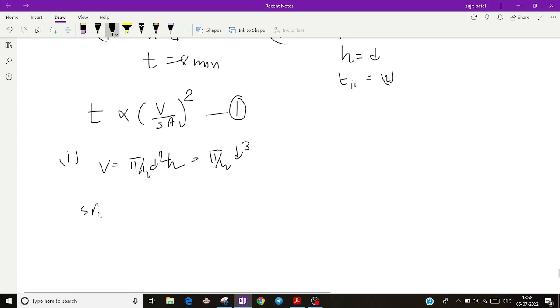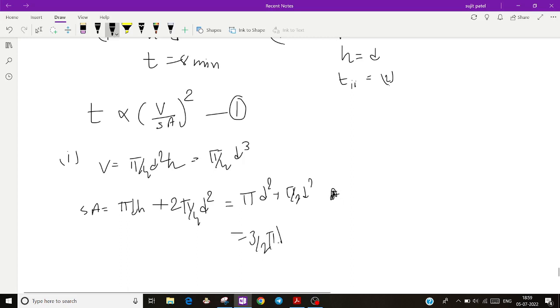And what is the surface area? For the cylinder, pi d h is the curved surface, and from the bottom and top there are 2 circular surfaces where there is also heat transfer, so 2 times pi by 4 d square, and here h is equal to d. When you solve this you will get pi d square plus pi by 2 d square, and it comes out as 3 by 2 pi d square.